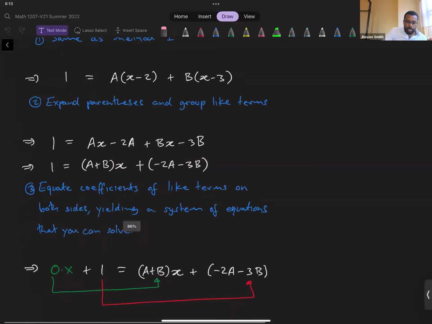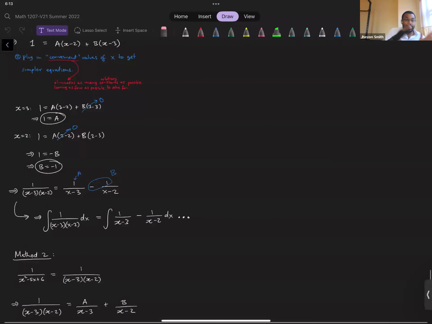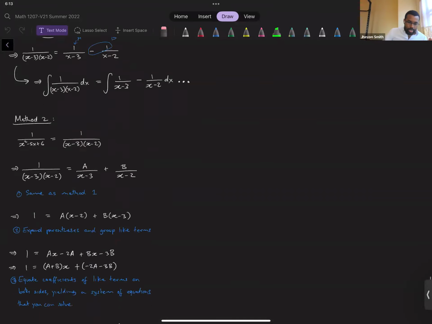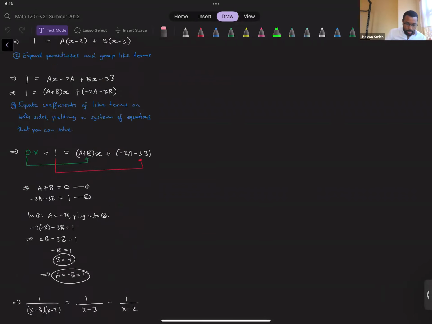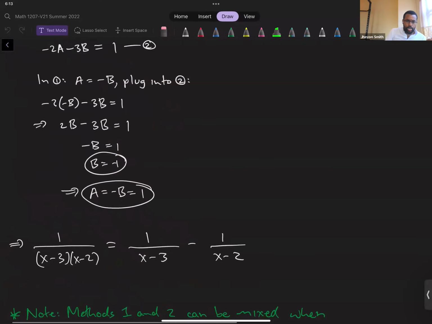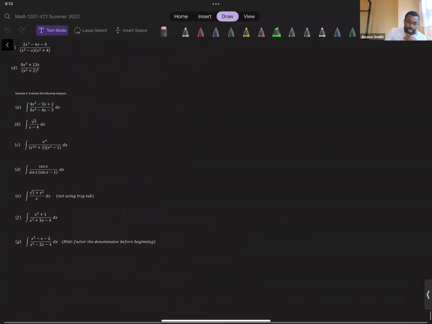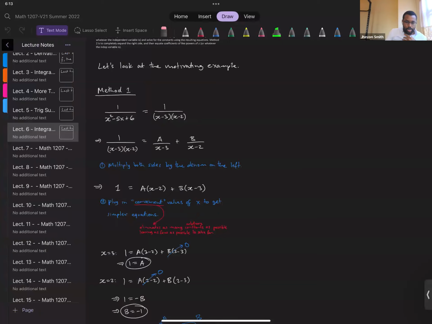Sometimes you'd want to mix and match, because sometimes it's not as straightforward as this, where there is a nice x value that's going to kill everybody except the one you want to solve for. So you can mix and match these methods, but these are the two main approaches that I want you guys to know. And we actually used that on this example. I left you guys with some other examples to try. And that brings us to today's lecture.